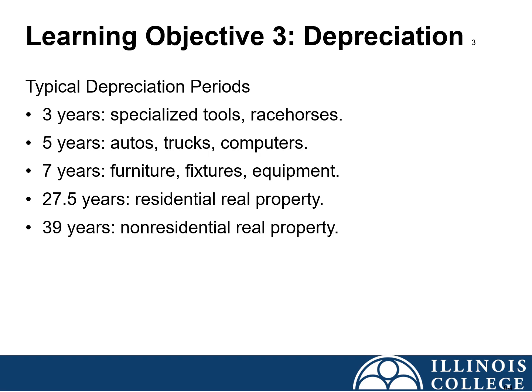Then we move into real estate, and we have 27.5 years for residential rental property and 39 years for non-residential property. So generally, personal property equals shorter lives, and real property has much longer lives. That's a helpful way to think about it.